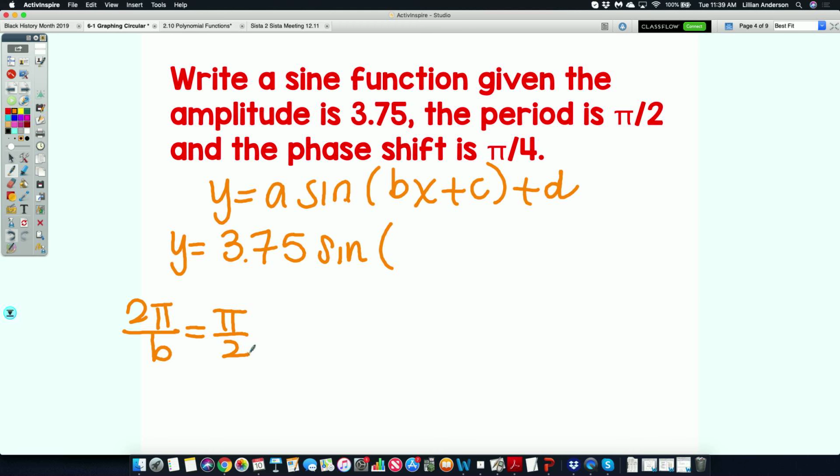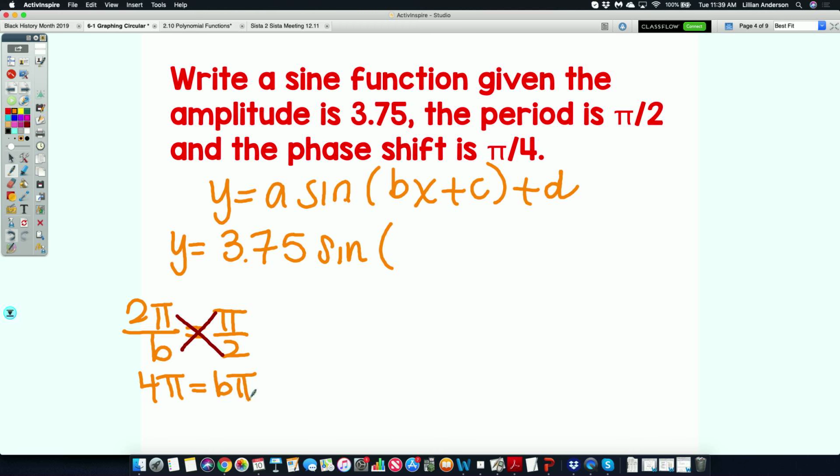And now that we have this equation, we can solve for b. How do I solve something like this, a proportion? Multiply diagonally, right? You multiply 2 pi times 2, which is 4 pi, and then you multiply b by pi, and that's b pi.